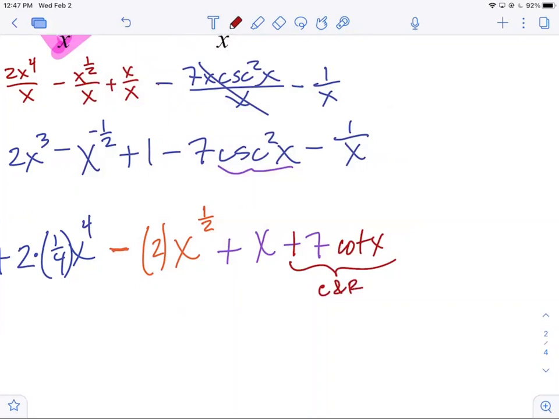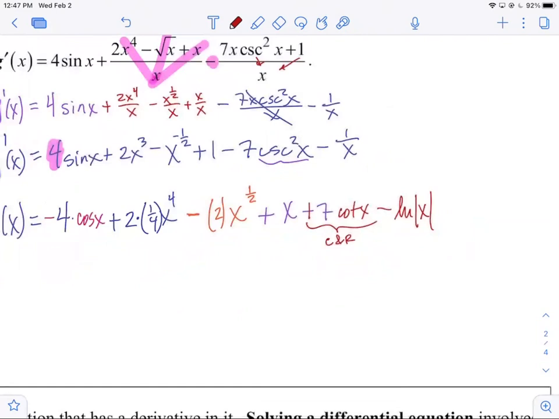Negative cosecant squared. And then the 7 becomes negative, and boom. And then, of course, minus over here, we don't have to do the whole save-me natural log. We just invite it to the party to begin with. It's the natural log of what? Absolute value of x. And then what? Plus c. You can wait to put plus c until the very end.